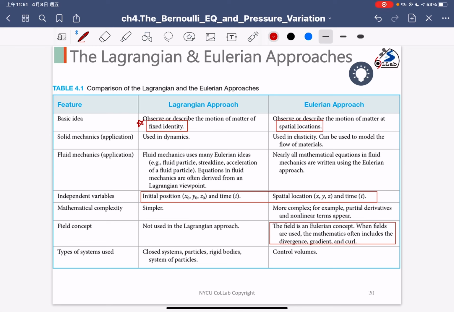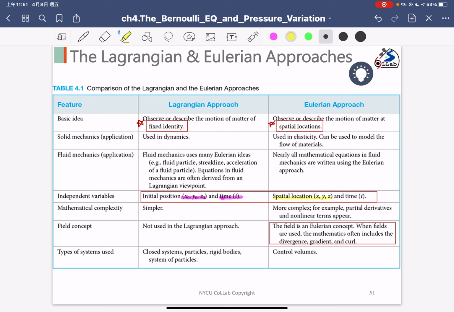We only need the spatial location information, and I can predict how fast the flow velocity is. So what are the dependent parameters we need? For the Lagrange, we need the initial point, and we need the physical property as a function of the time. For the Eulerian, we don't need the initial point. We only need the spatial point information, and I can predict.